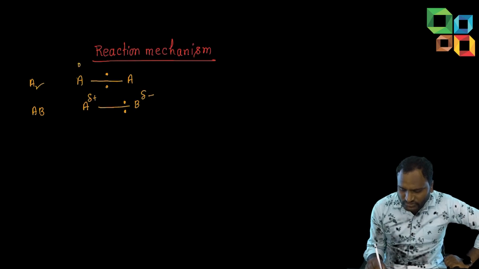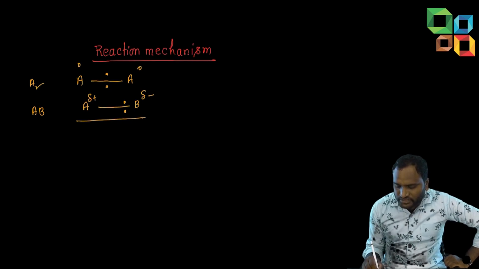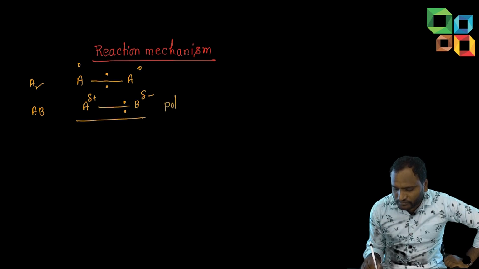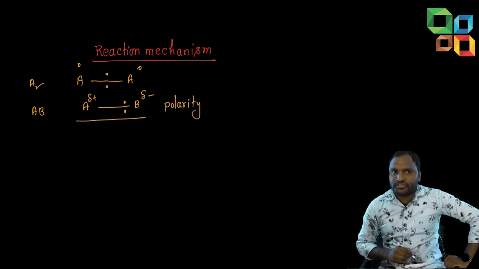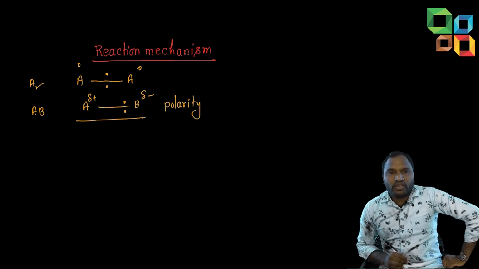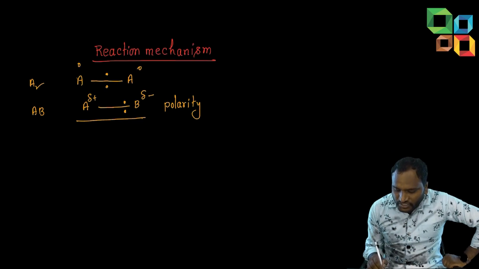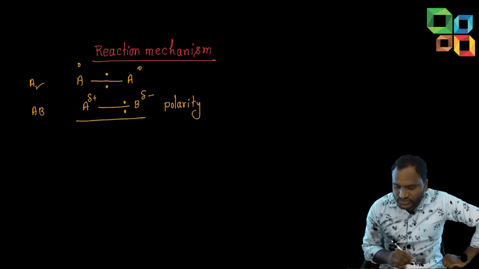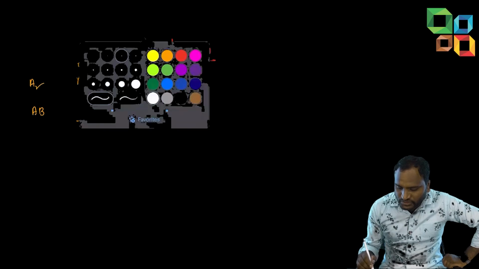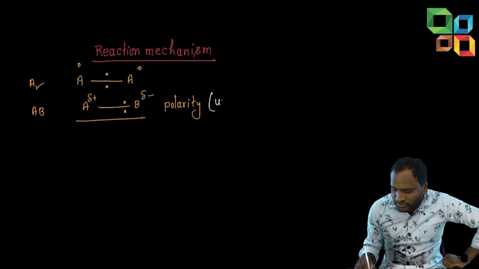Here there are no charges. This property is called polarity. Polarity means getting poles, a positive pole and a negative pole. It is because of unequal distribution of electrons.